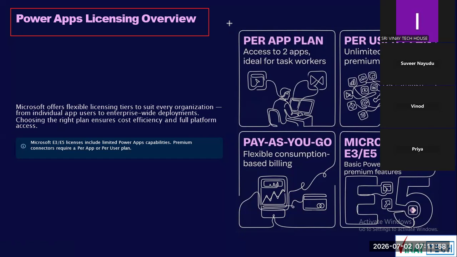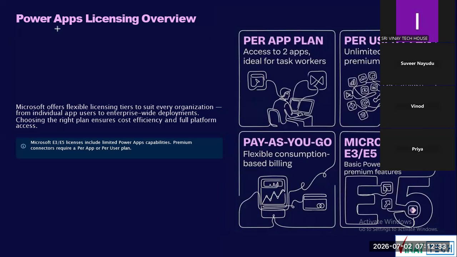If you want instant delivery, in that case you will buy a pro license. If you talk about Amazon, there is the Amazon Prime license, right? Similar to that, based on the license, Microsoft will provide many features. If you have a pro license, you will get more features. If you have a basic license, you will get basic features.